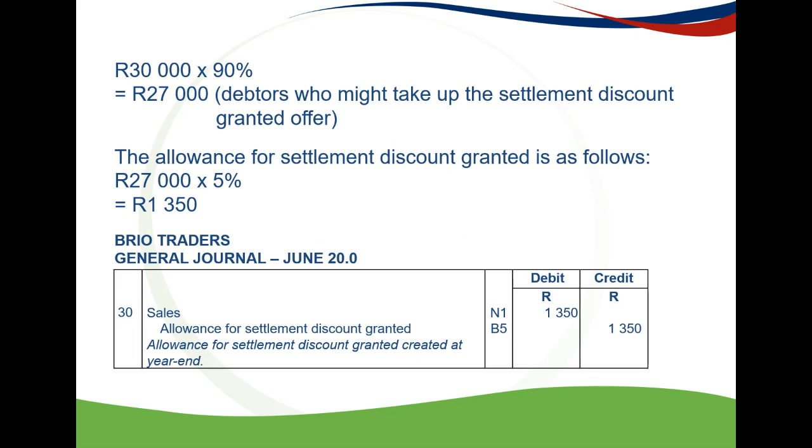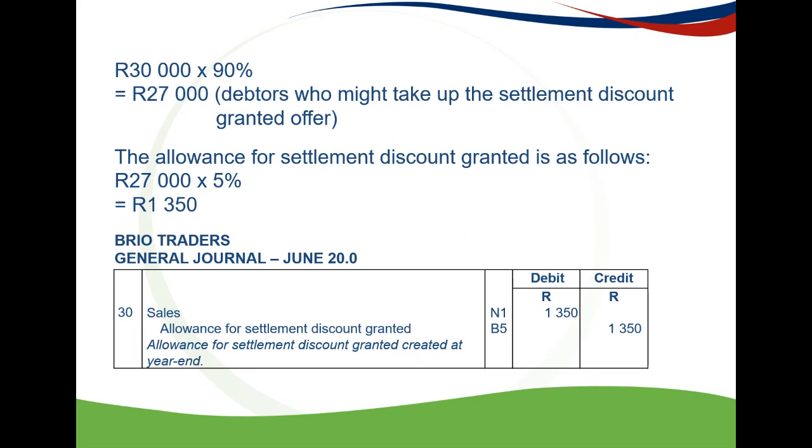Then we said that the entity gives 5% discount. So for the allowance that I need to calculate, we're going to make use of the 27,000 and calculate 5% of that, which gives us 1,350. So that's basically what we think we're going to grant these debtors.